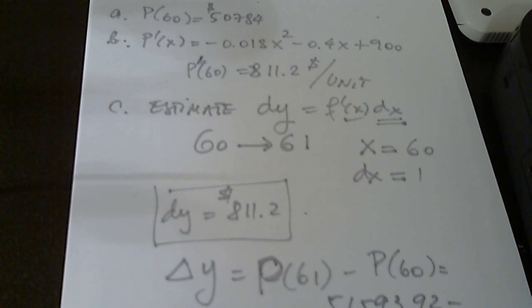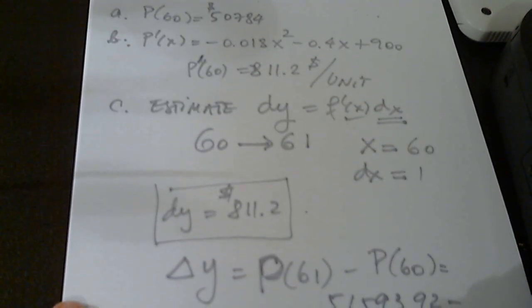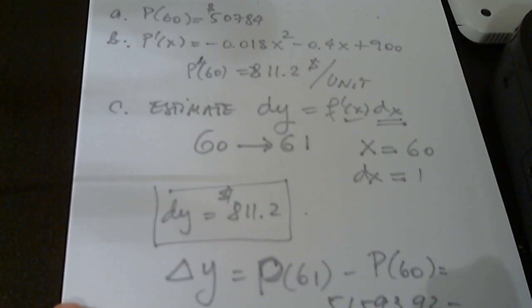It should be very close to 811.2. So it is 809.92. So this is the actual. This is the actual, and this is the estimate. And they have to be close to each other. So it's about a $2 difference, maybe less. Any questions?